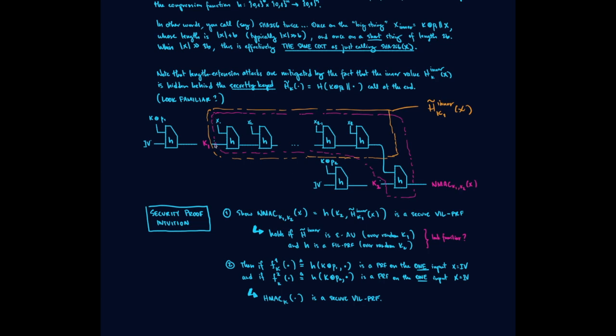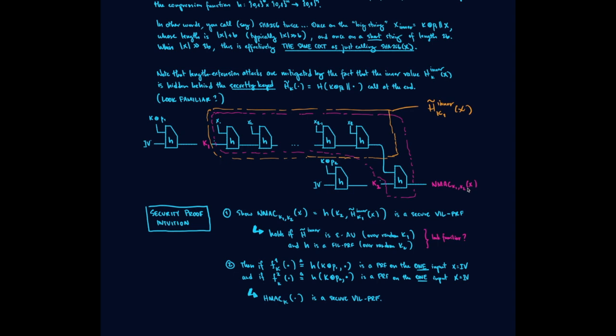So think about this magenta box, forget about the rest, just the magenta box. Imagine that thing is keyed on the chaining value with a key K1 that's been picked uniformly, and here with a key K2 that has been picked uniformly. So this magenta box, keyed by this two-part key, processes the input X. This is NMAC with two keys on X.